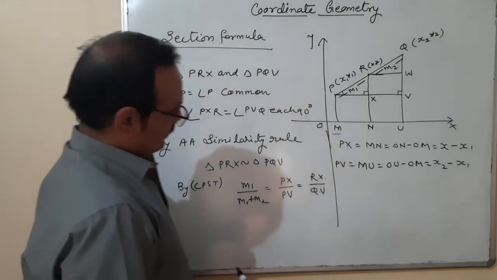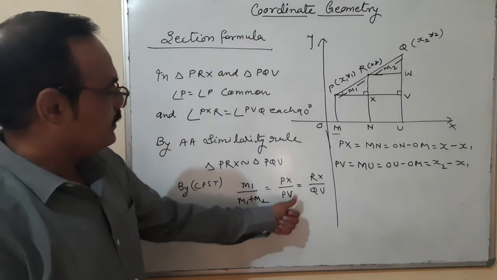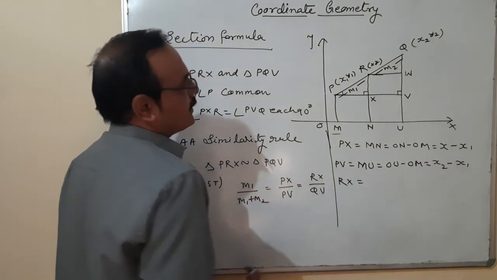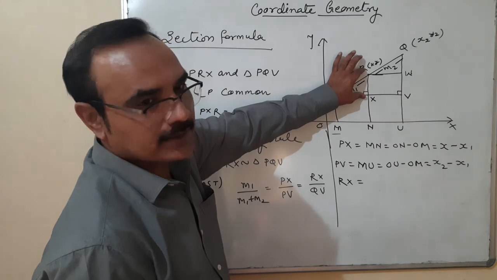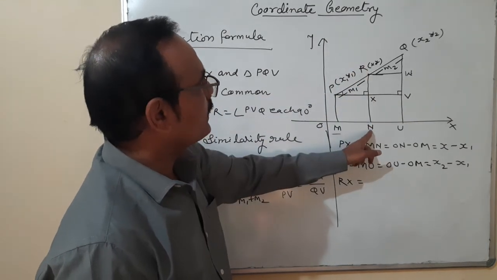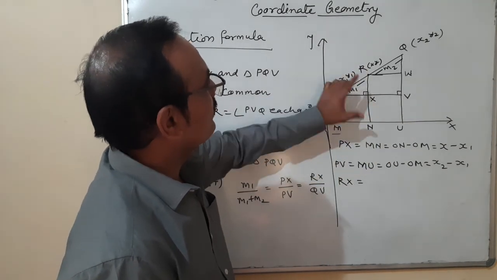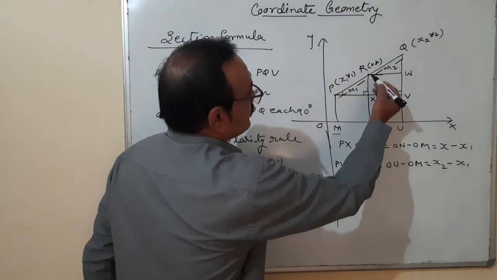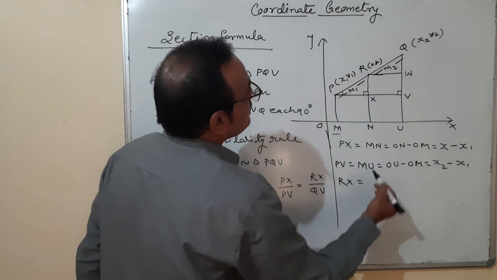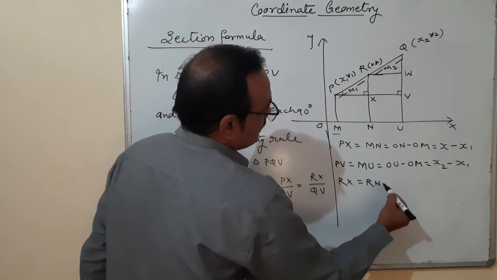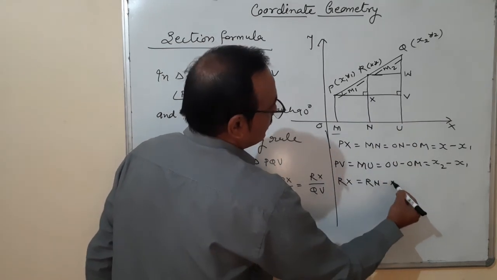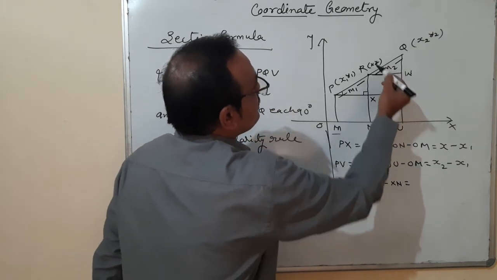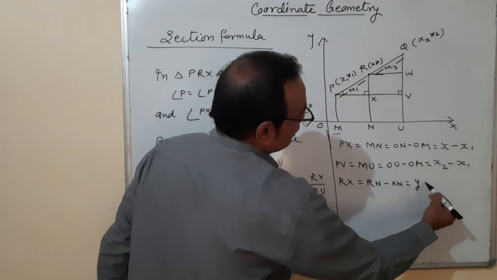Next one is RX. This is RX. That means the total vertical line minus XN. RX is equal to RN minus XN. What is RN? RN is y.